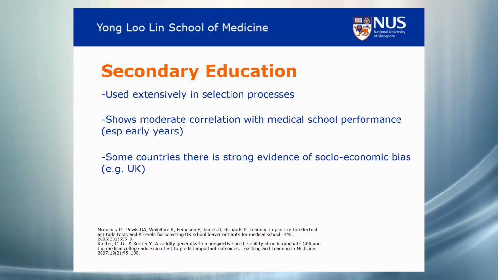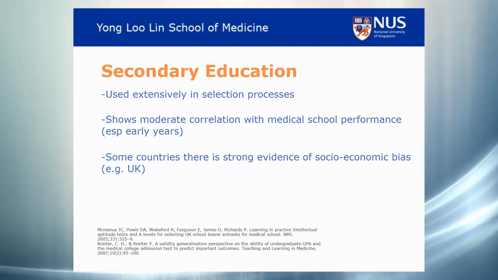So this is why there is some concern, especially in places like the UK and the West, that focusing solely on the secondary education grades can sometimes give wrong results in the selection process.